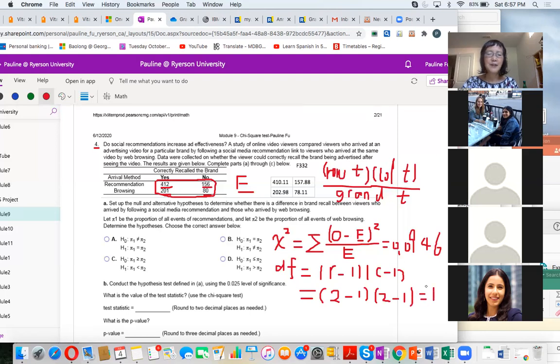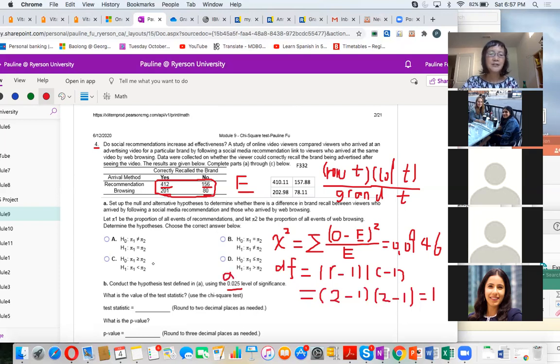Okay, and once you have the degree of freedom, you also need the alpha. Alpha is usually given. Okay. Conduct the hypothesis test using a 0.025 level of significance. This is my alpha.